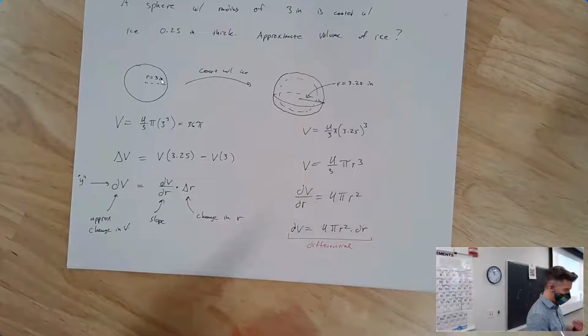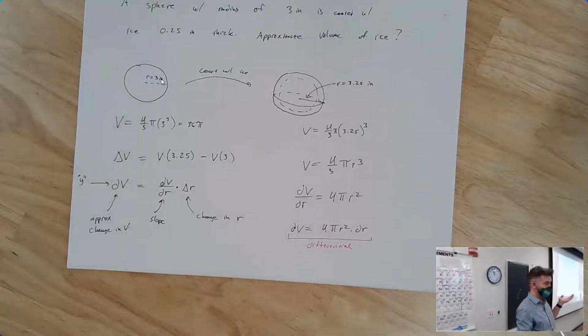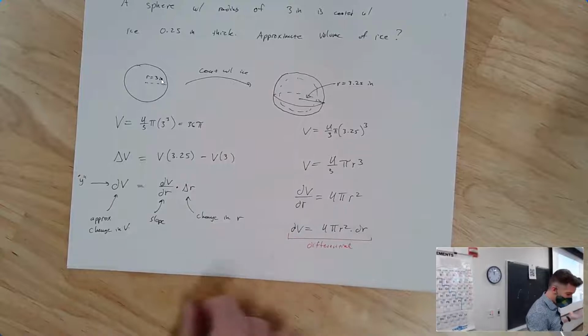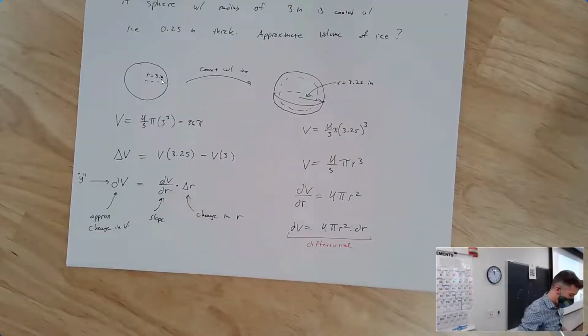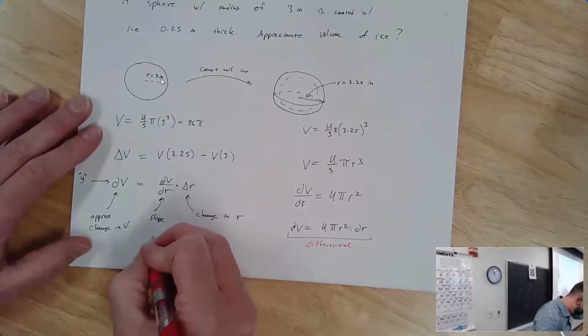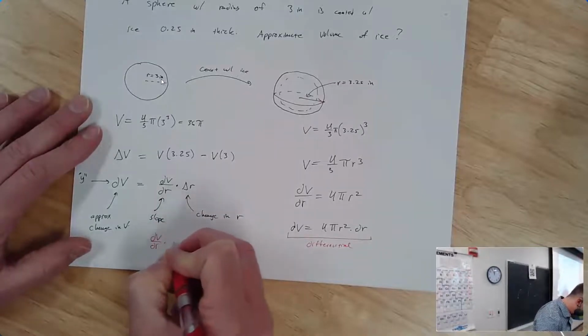I know I'm looking at some of these homework questions where they ask you to find dy, or d whatever your function name is. The differential is literally just taking the derivative and multiplying it by d of whatever your independent variable is. So if I was trying to find the differential, it'd be the derivative times dr.